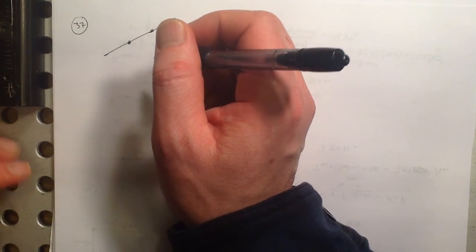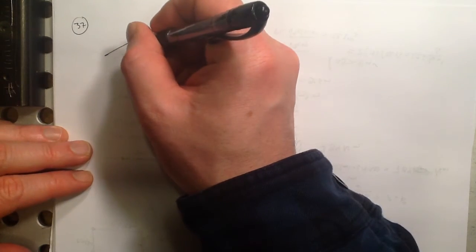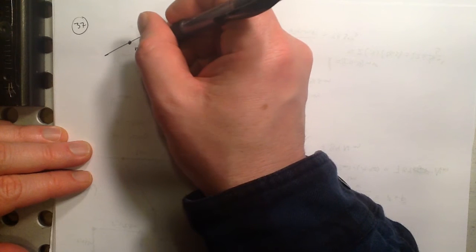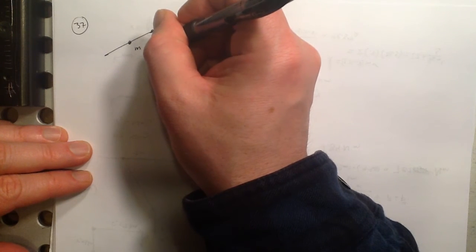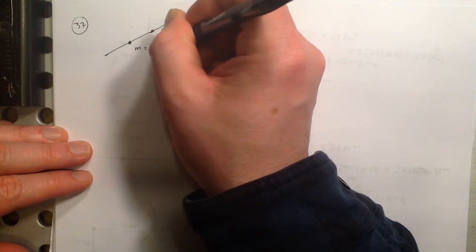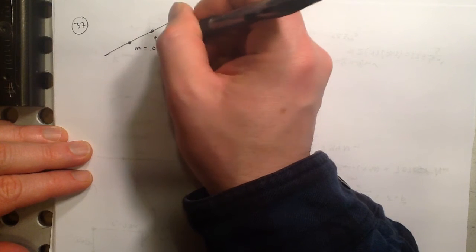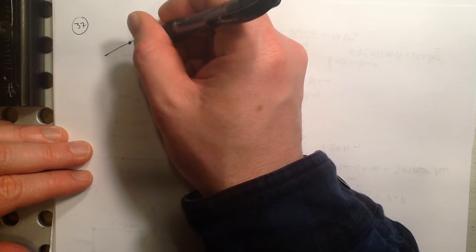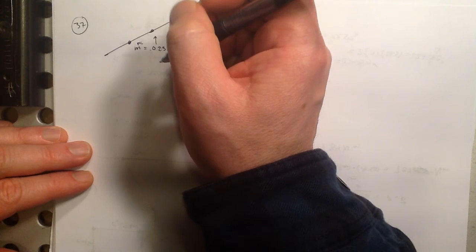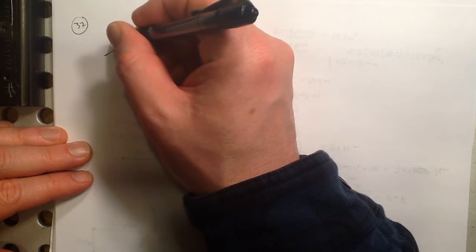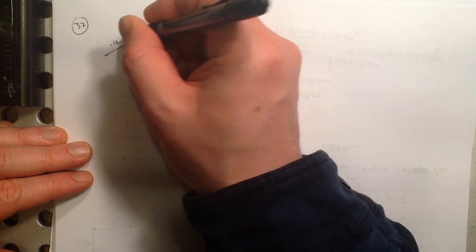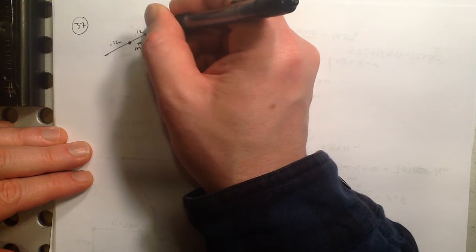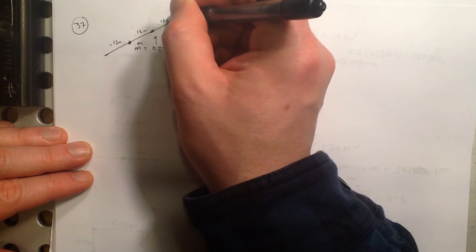where the mass of each one is 0.023 kilograms. That's the mass of each of those. And the distance D here is 0.12 meters for each.